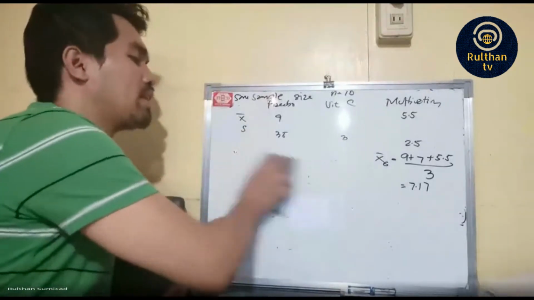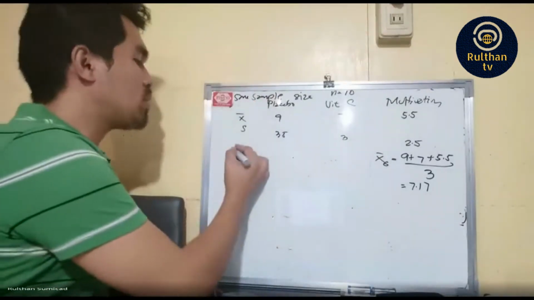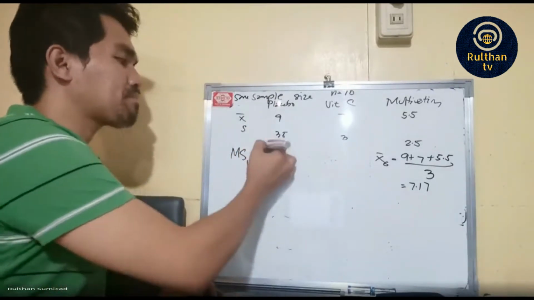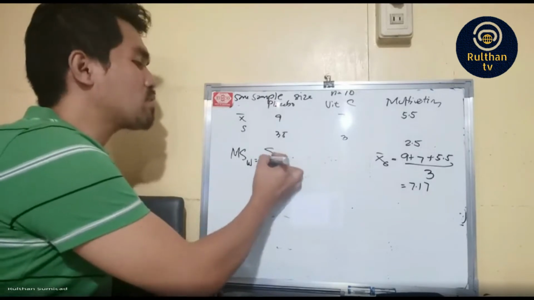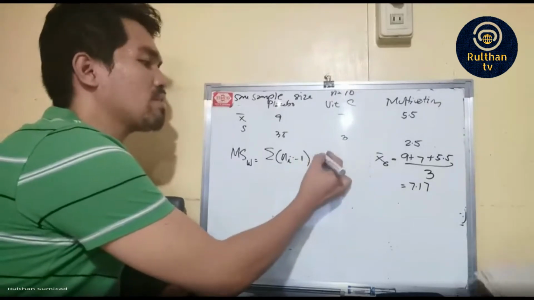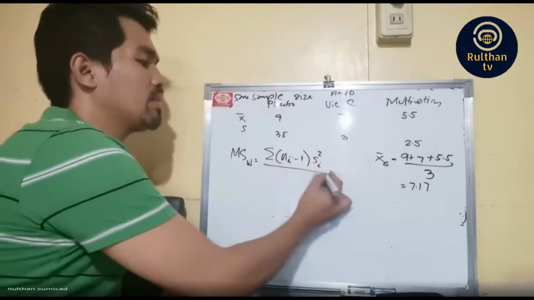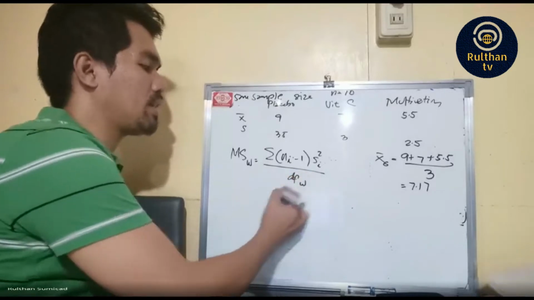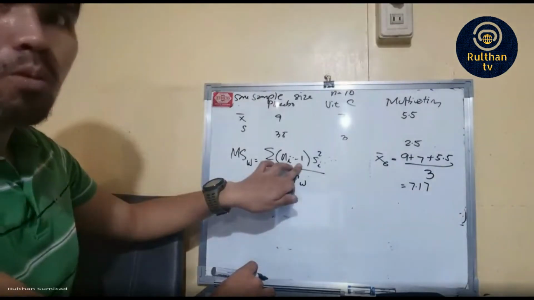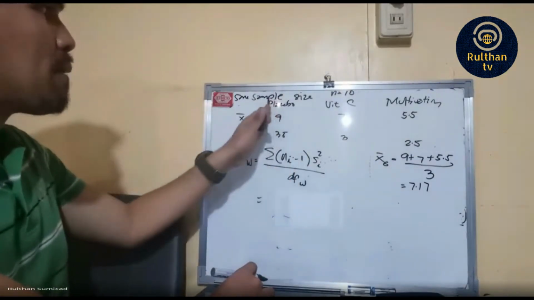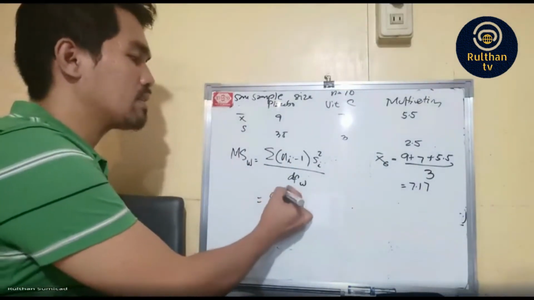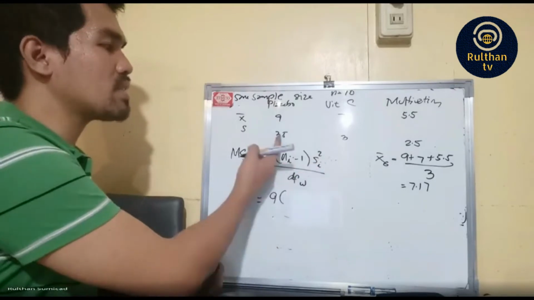For the MS within, MS within is simply the summation of n sub i minus 1 times s squared sub i, divided by the degree of freedom within. In this case, for the placebo group, we have 10 samples minus 1, so that's 9, times the standard deviation 3.5.